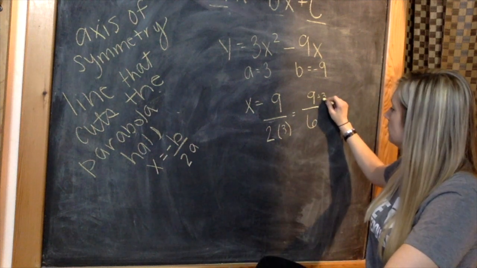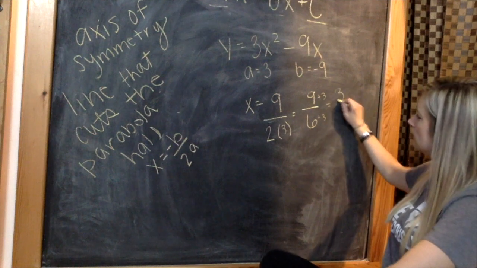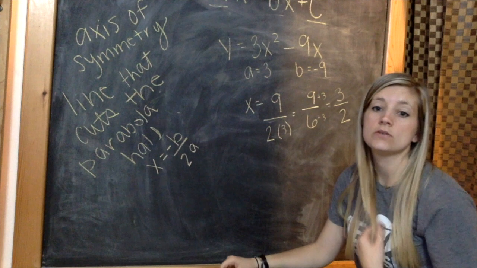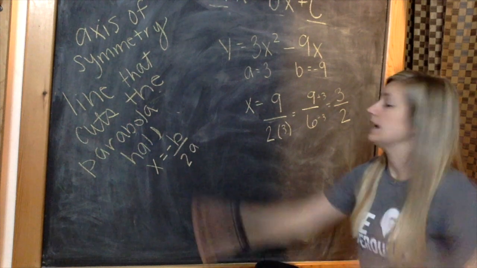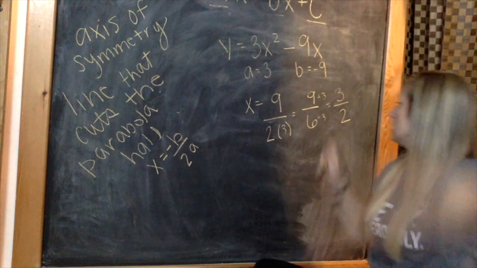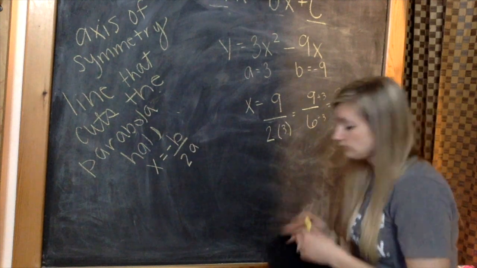So divide by 3, divide by 3. So our X equals 3 halves. So again, that's 1.5. So you should be thinking of a parabola that is a stretch. It's concave up, and then right down the middle is 1.5. So it's 1.5 over.